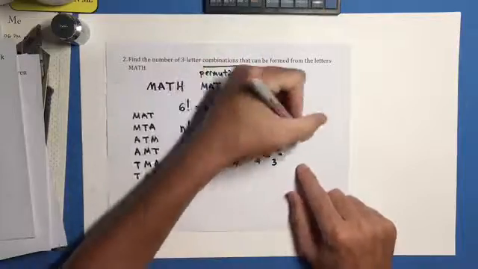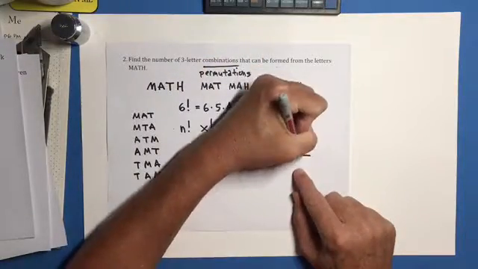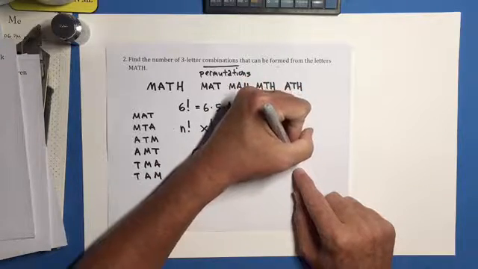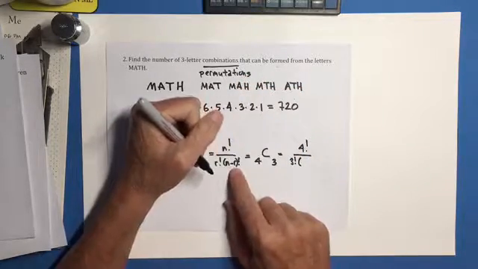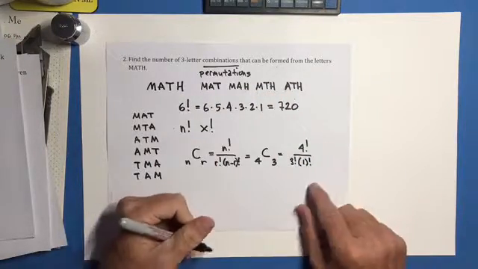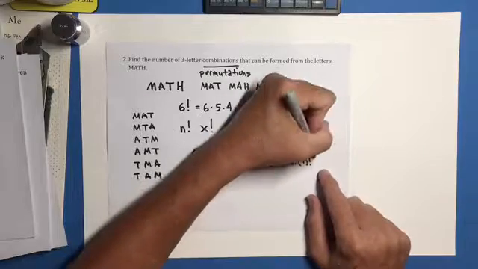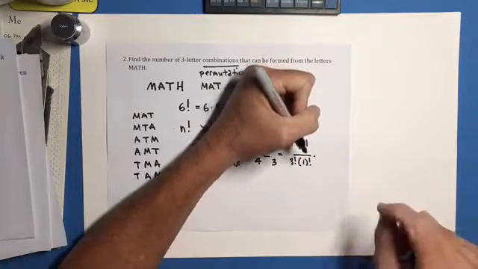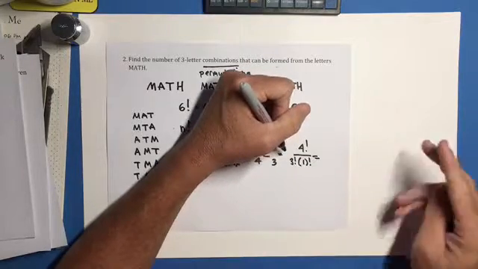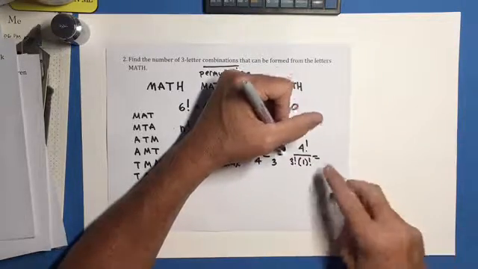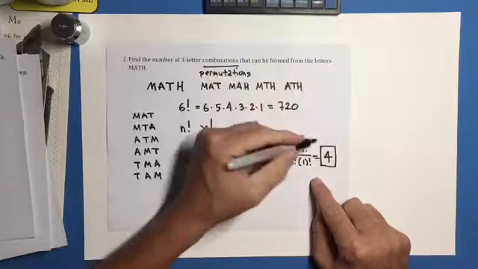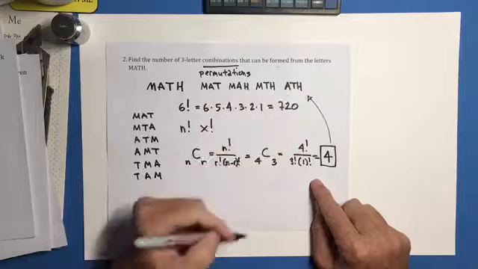And according to our formula, that would be 4 factorial over 3 factorial times 4 minus 3, which is 1 factorial. 1 factorial is just 1. 4 factorial is 4 times 3 times 2 times 1. 3 factorial is 3 times 2 times 1. So the 3 times 2 times 1 is going to cancel out top and bottom. We'll only be left with a 4. Answer 4, which is what we already know by writing it out.